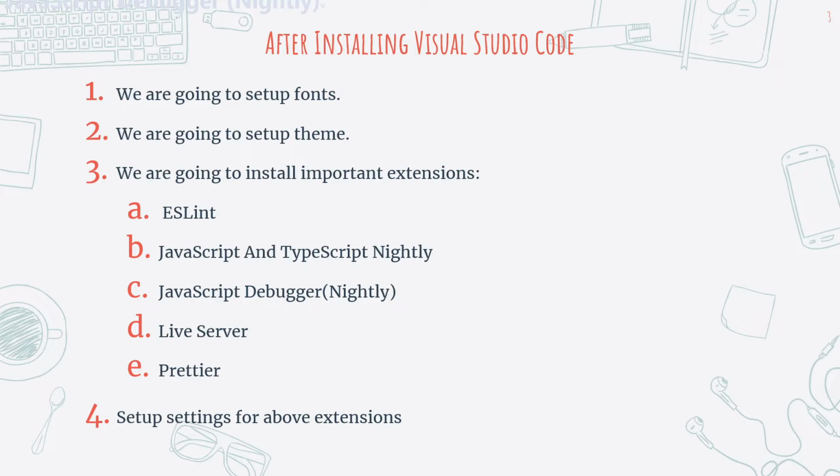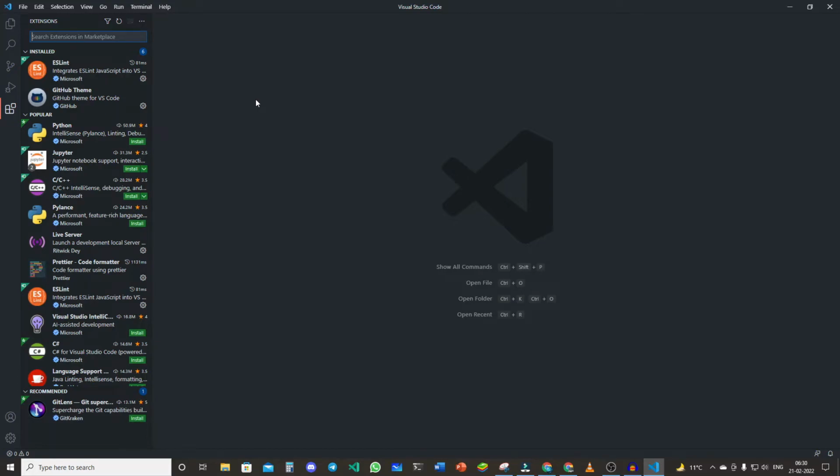Basically we have installed these extensions, but these extensions are not complete on their own. We have to change some settings to make them work according to our requirements. So let's see how to do that. Let's set up some important settings for our extensions.